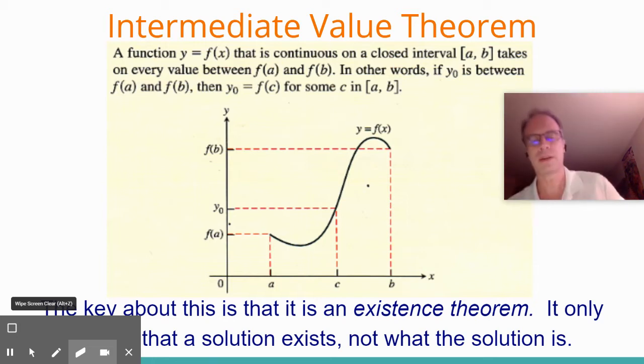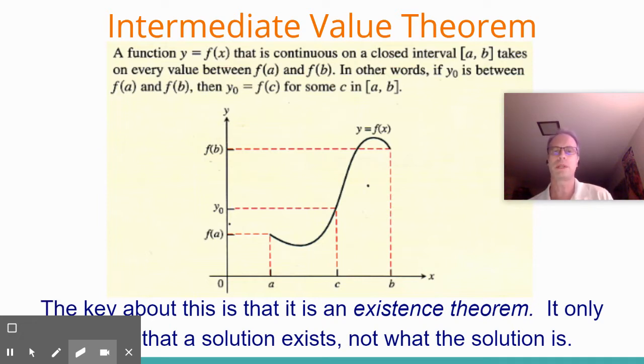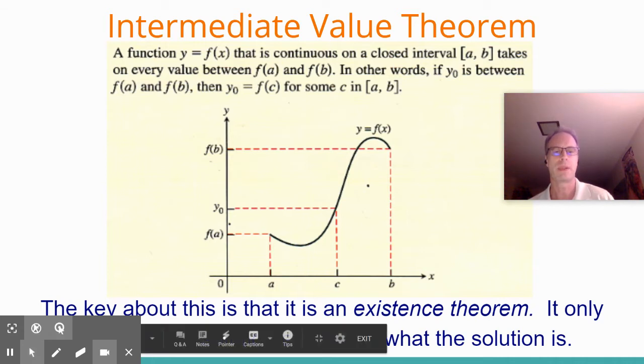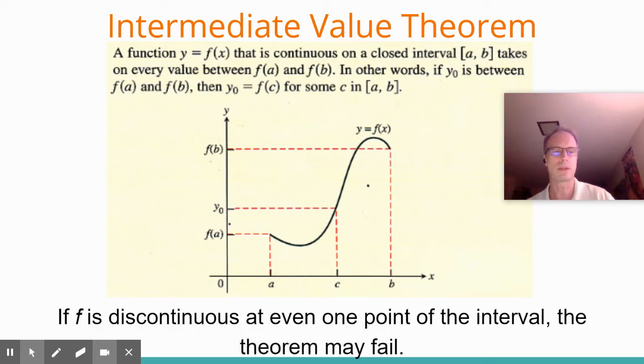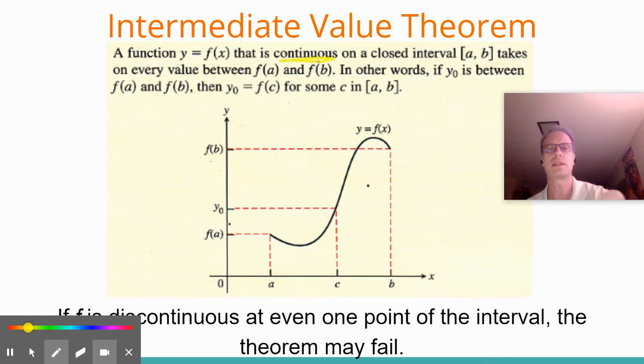Now, how do you go about doing your analysis on this? Well, we start off by going through the following. We say that it has to be a continuous function. So I'll highlight that it's a continuous function on a closed interval.